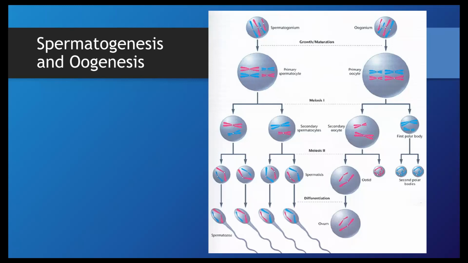Eventually, these polar bodies will disintegrate, leaving only 1. At the end, actually, it's 4. But because we need only 1 egg per cycle, these 3 polar bodies will eventually disintegrate, leaving only 1 egg or ovum.